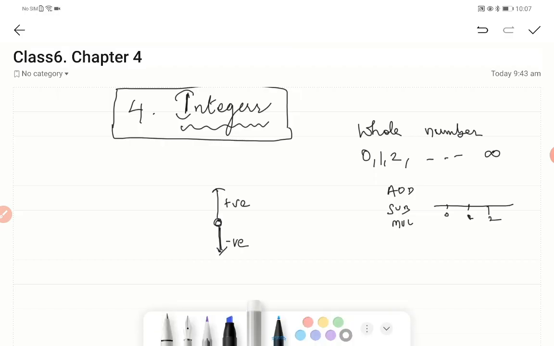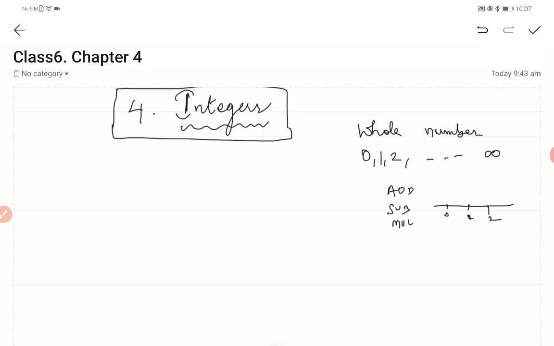All right, students. Today I'll tell you that integers are represented by Z. Whole numbers we represent with W, natural numbers with N, and integers with Z. So integers are a collection of both positive and negative numbers.